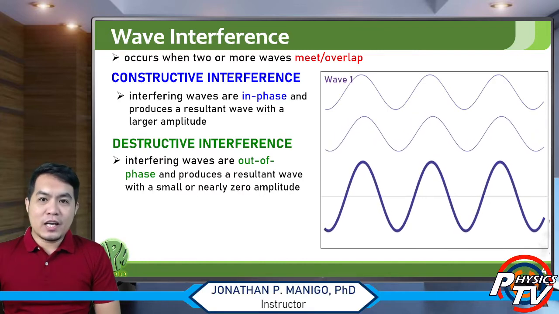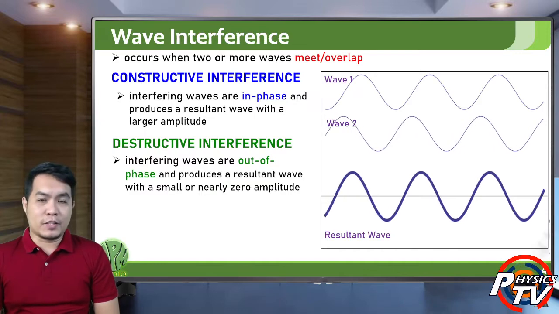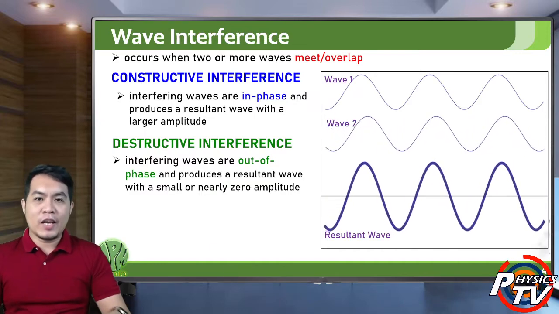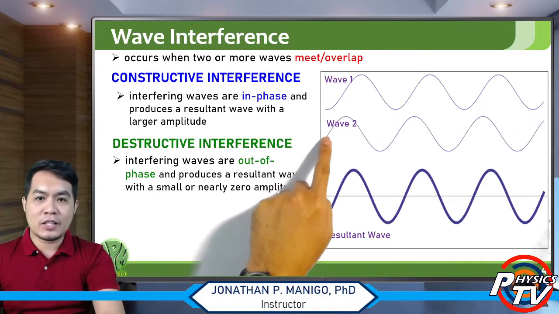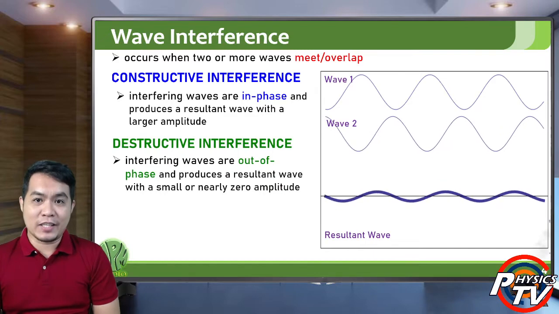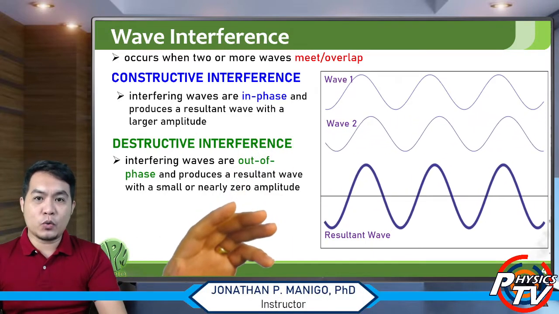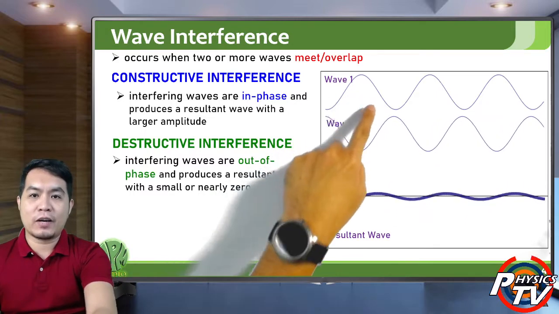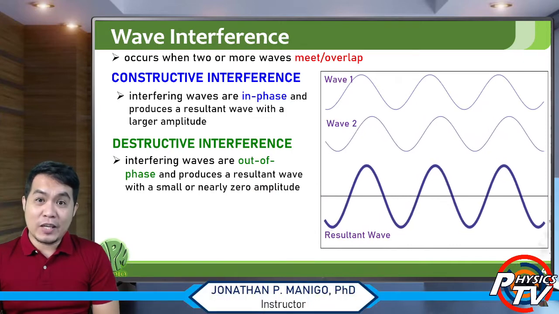This is an example of a simulation of wave interference. We have wave 1 and wave 2. Whenever the two waves are in phase, such as at this moment here, you will notice that the amplitude is greatest. But when waves 1 and 2 are out of phase, say wave 1 is a crest and wave 2 is a trough, then you will get destructive interference.